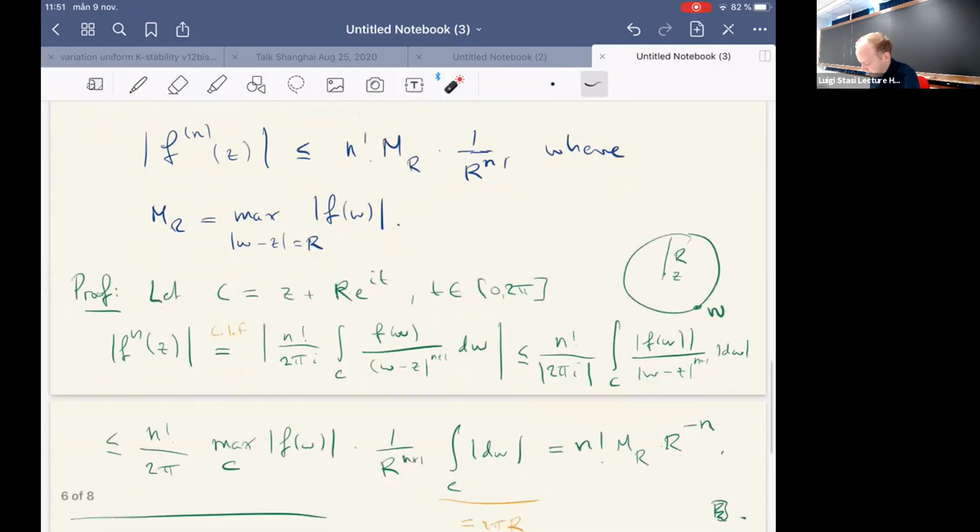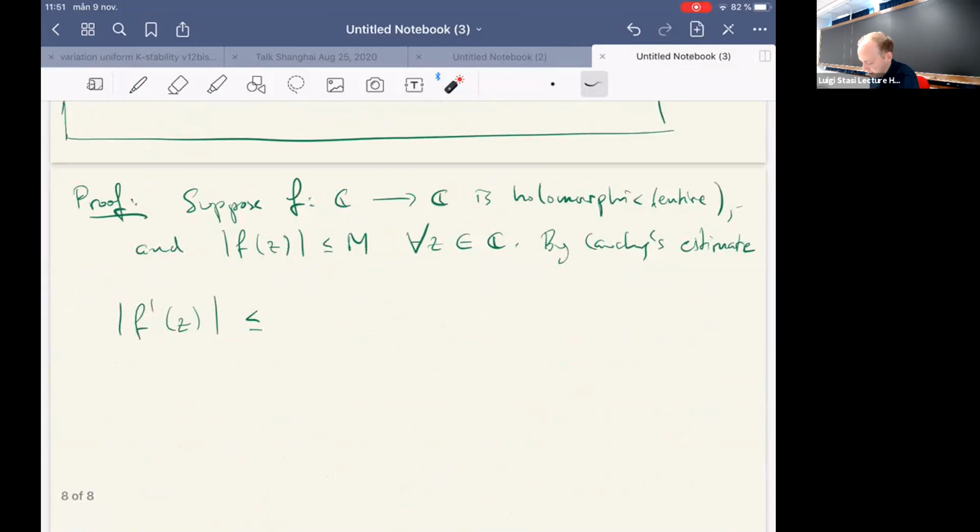And the maximum of this function is less than or equal to M in particular. So by Cauchy's theorem, this is less than or equal to M divided by r, because of course this maximum is less than or equal to M.